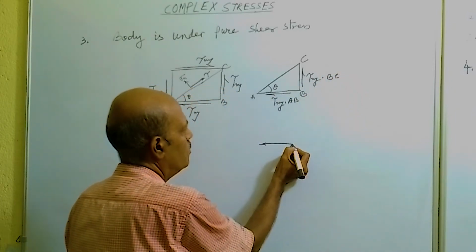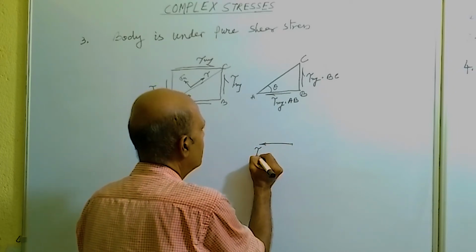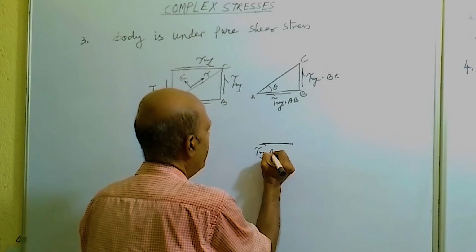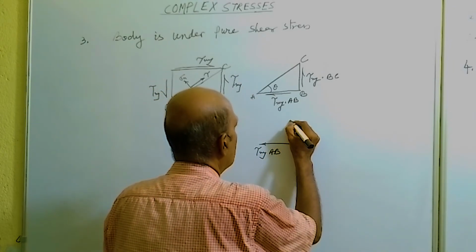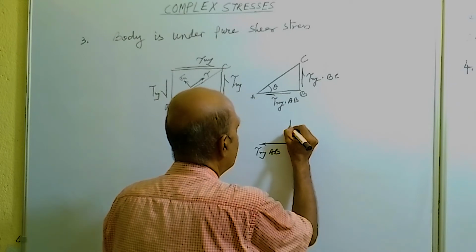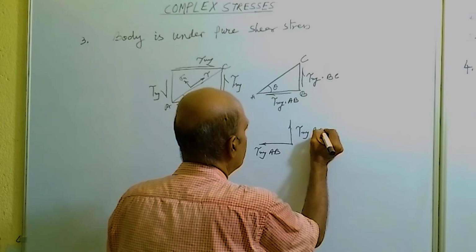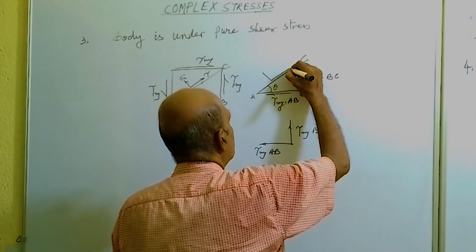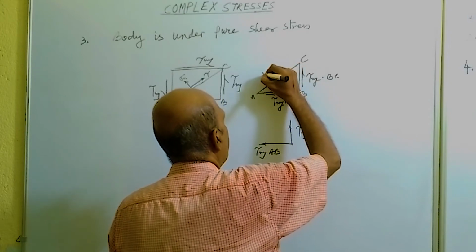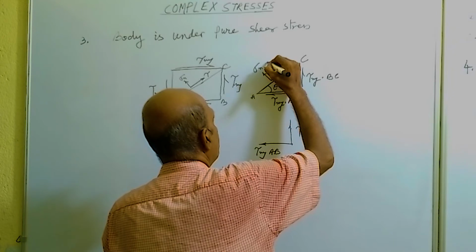Now the force which is acting from this initial point towards left direction, that is tau xy into AB, and along y direction the stress acting is tau xy into BC. Now here there are two stresses developed here. So in terms of force we can write, that is sigma n into AC.